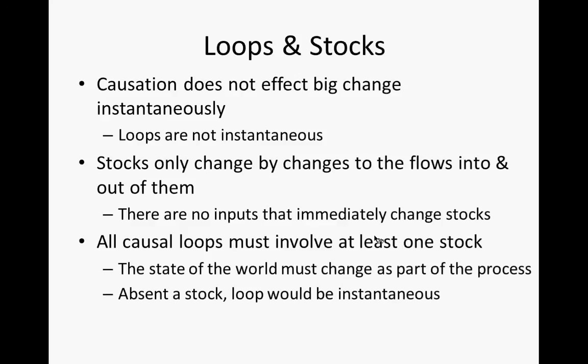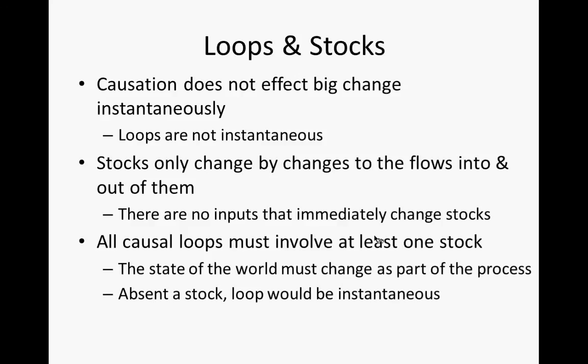And it turns out that this is one of the reasons why loops have a time constant associated with them. It takes some time. All loops, it turns out, all causal loops, will ultimately involve a stock. They involve changing the state, because changing the state is the only way subsequently flows are changed. And it takes time to change the state. Loops have time constants associated with them.